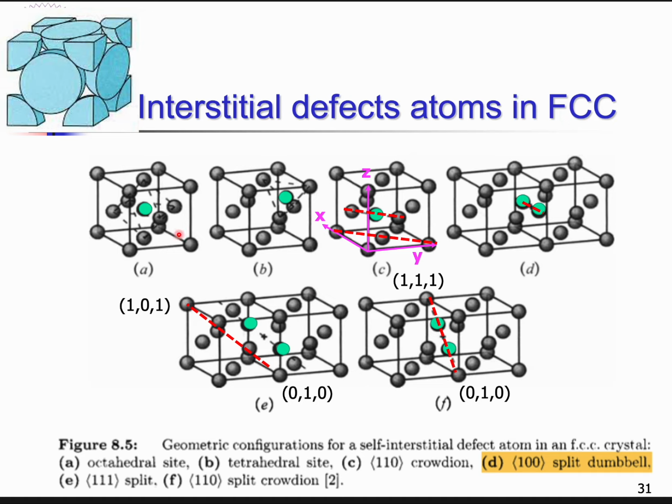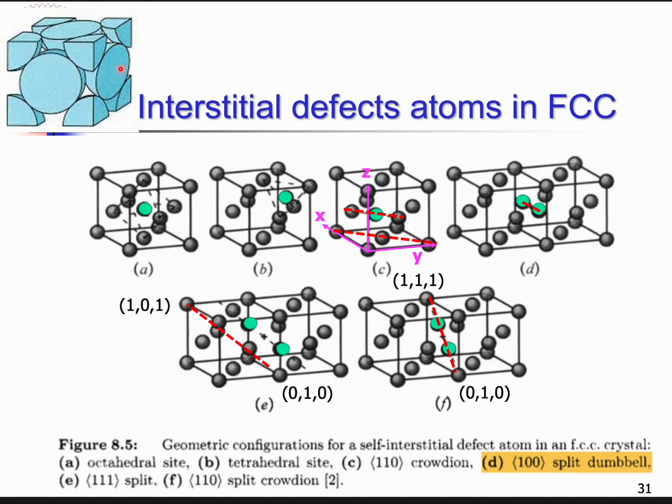Okay, even though we have different types of self-interstitial defect, don't forget that in all these figures it looks like you have sufficient space to insert atoms inside this unit cell. But in real case, as we know, the FCC structure is close packed, right?